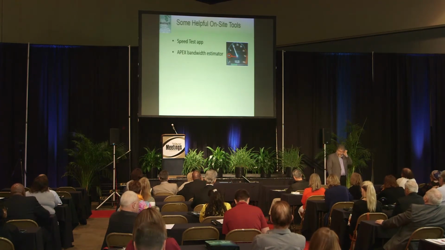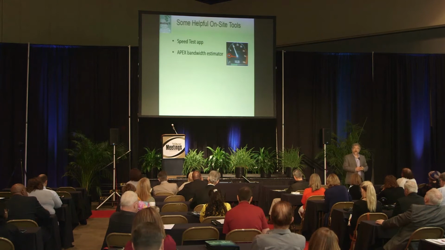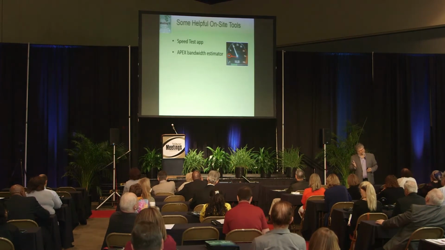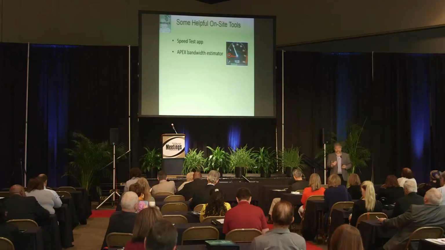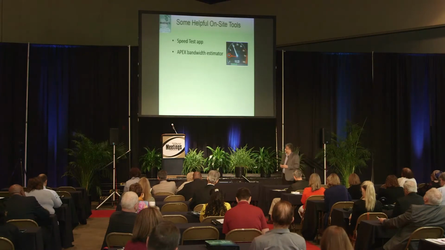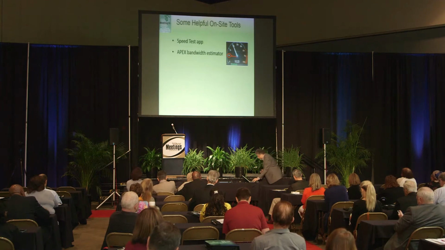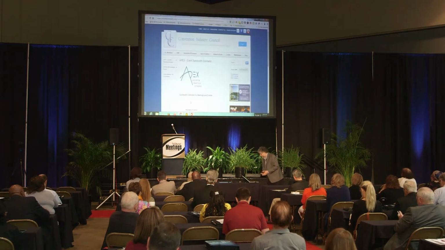Apex, the Convention Industry Council, has a tool that's highly okay. I don't know how else to describe it because it's not great, but it's a first step that our industry has defined. Apex, the Accepted Practices Exchange of the Convention Industry Council, has put together a bandwidth estimator.